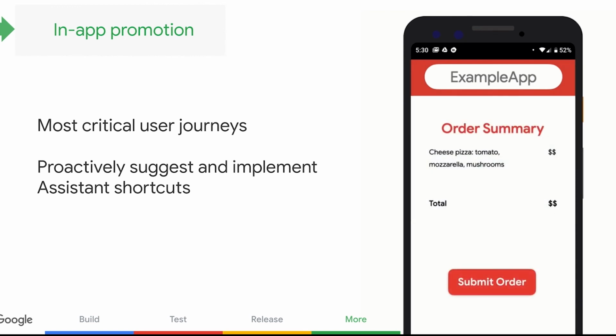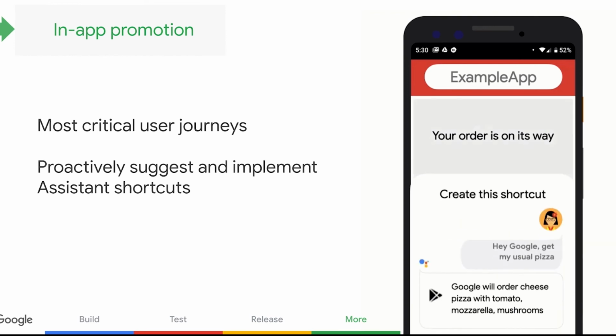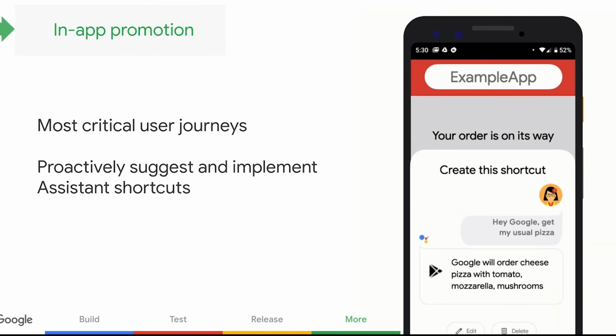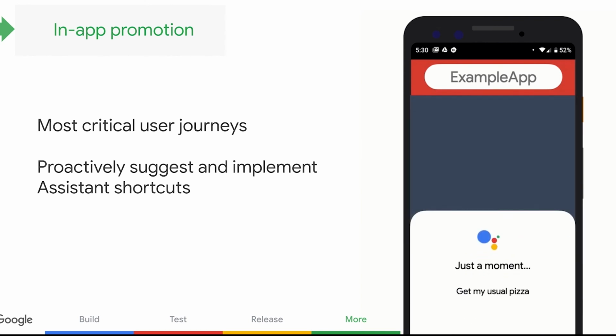For example, at the end of purchasing our pizza from an example before, you can offer the user to create an Assistant shortcut. So the next time they say, "Hey Google, get my usual pizza," the Android app opens the user's preferred pizza and it's ready to be ordered.